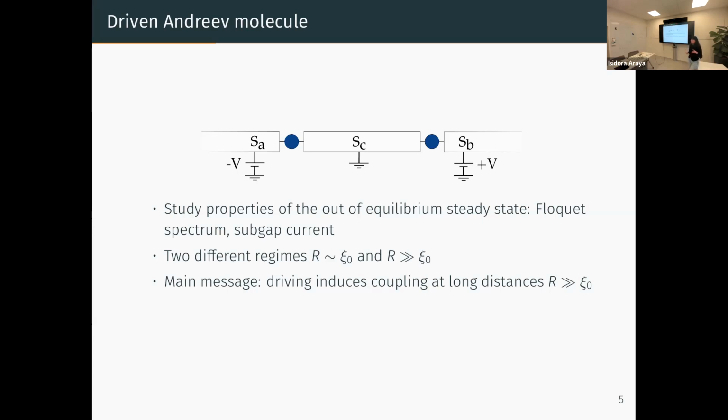One of them is a molecular regime that, as in equilibrium, you have some hybridization, so you would have some splittings, avoided crossings, and all that stuff. And then there is a regime which does not exist in equilibrium, but is induced by the driving. And this regime of long separation of the dots actually is some new physics.